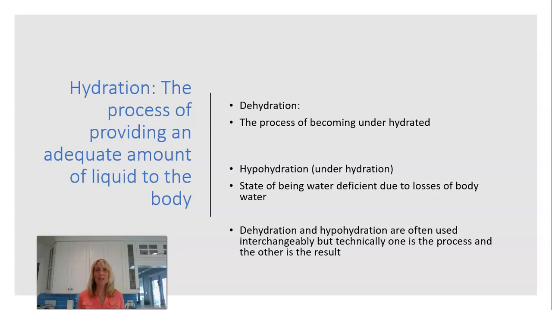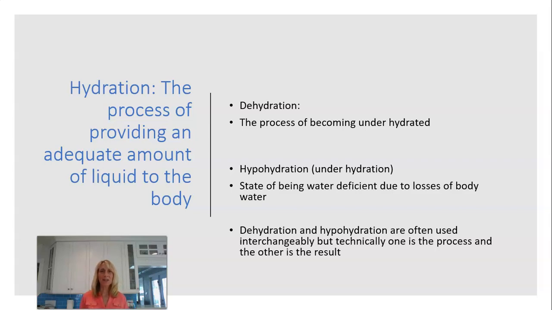So hydration is basically the process of consuming enough fluids in an adequate amount to support body tissues. And then we talk about a couple of other states of fluid balance or fluid imbalance, and we want to talk about dehydration.